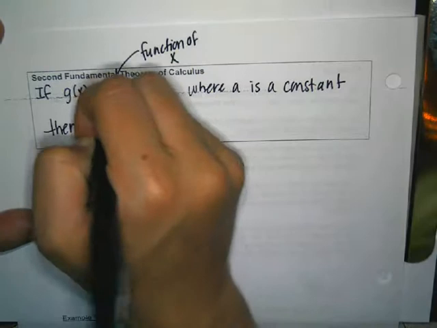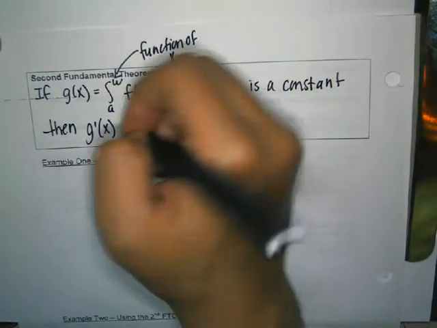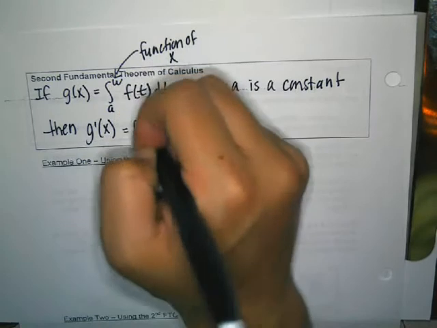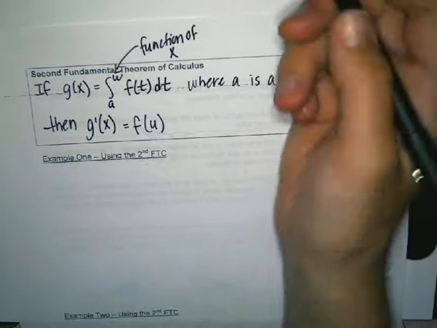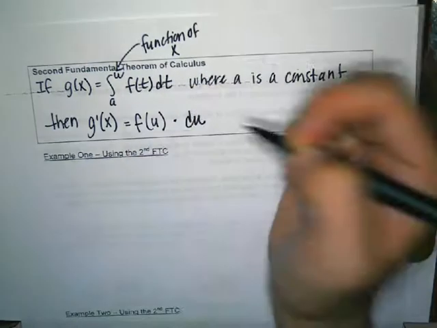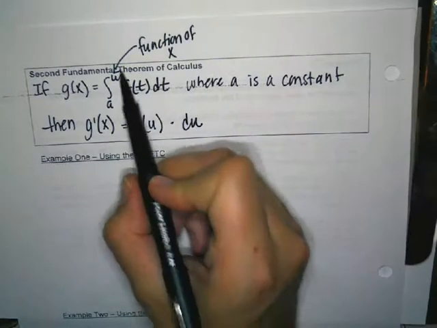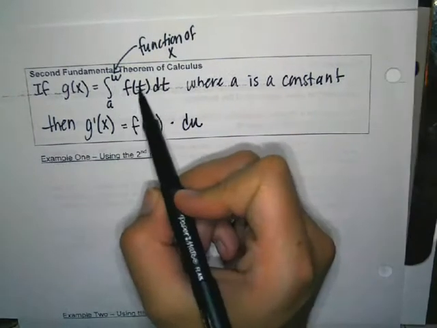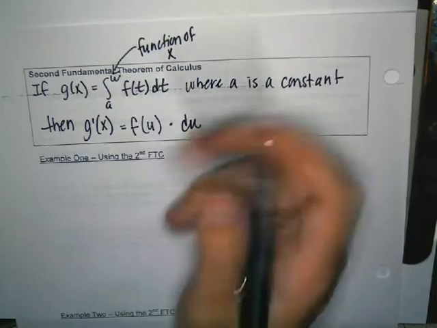Then g prime of x is going to equal f of u times du. So it's going to look like you're plugging in your upper limit into your function and then multiplying by the derivative of whatever that upper limit is.